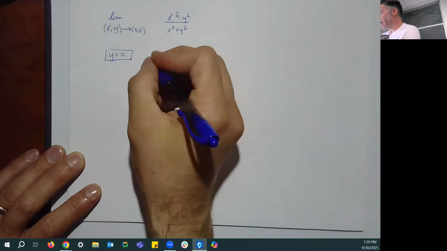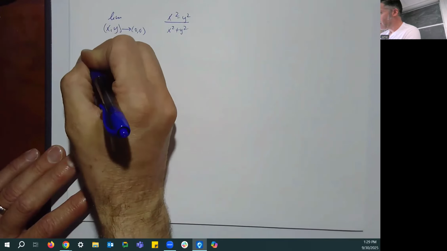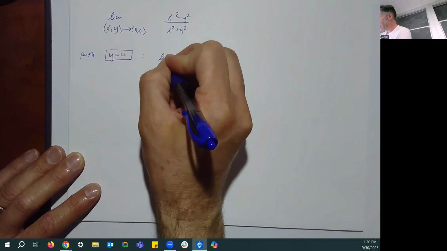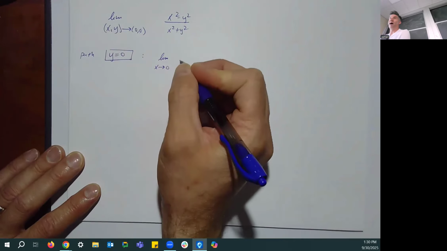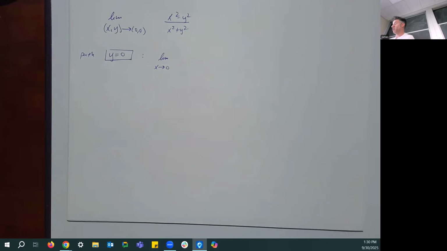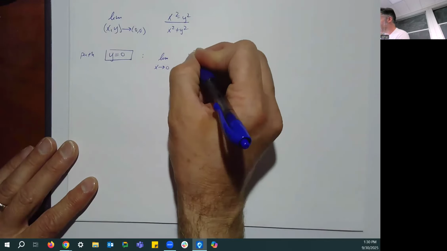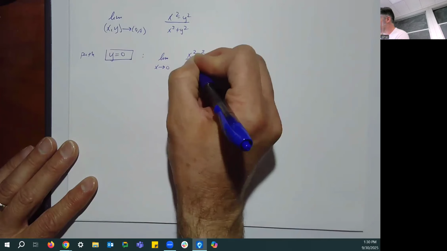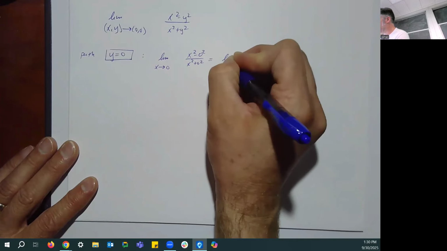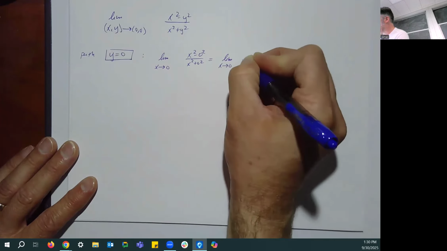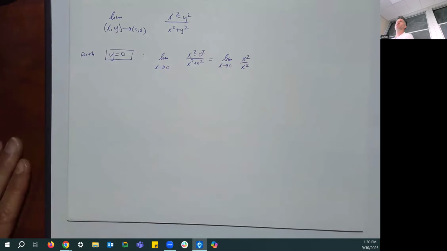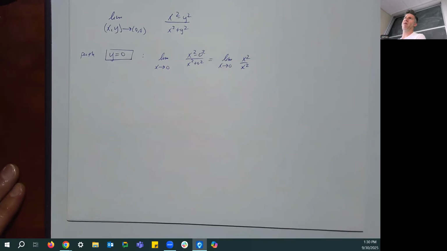So if I pick that path, I'm left with the limit as x approaches 0. y is no longer approaching 0, it is 0. And I'm left with x squared minus 0 squared over x squared plus 0 squared. What's the limit as x approaches 0 of x squared divided by x squared? What's x squared divided by x squared? 1.